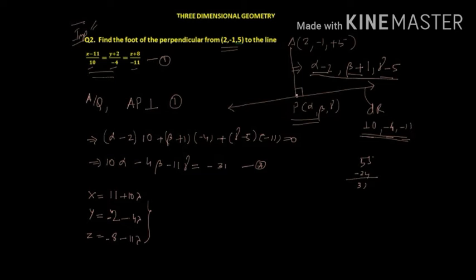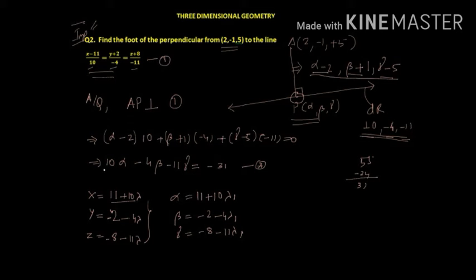Now in particular, if you observe, P is also lying on this line only. So there must be a value of lambda corresponding to this point for which alpha will be equal to 11 plus 10 lambda, beta will be equal to minus 2 minus 4 lambda, and gamma will be equal to minus 11 minus 8 lambda. If you are having any doubt, to make it a little distinct, you could use lambda 1 also, there is no problem.